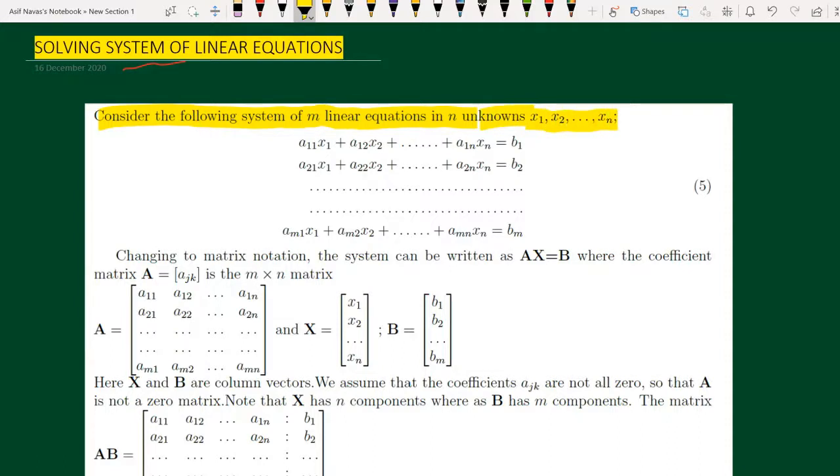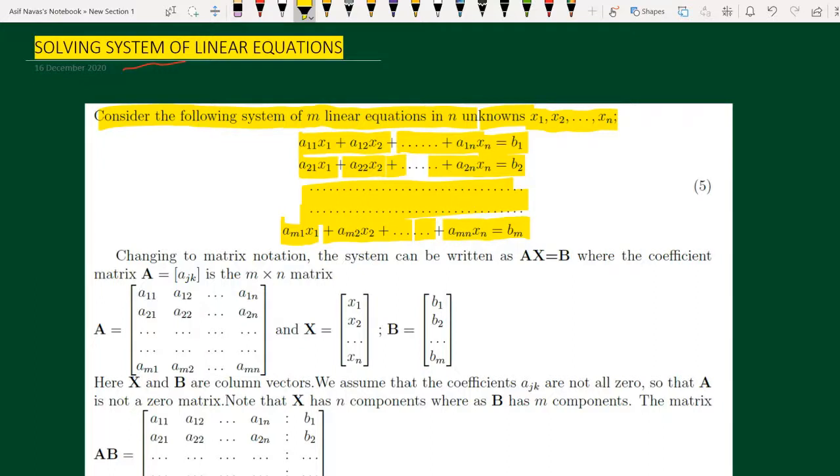The system is of the form a11 x1 plus a12 x2 plus etc. a1n xn equal to b1, a21 x1 plus a22 x2 plus etc. a2n xn equal to b2, etc., am1 x1 plus am2 x2 plus etc. amn xn equal to bm.